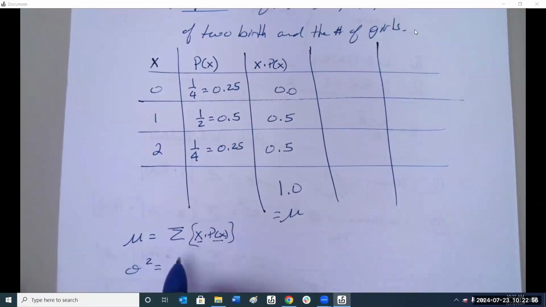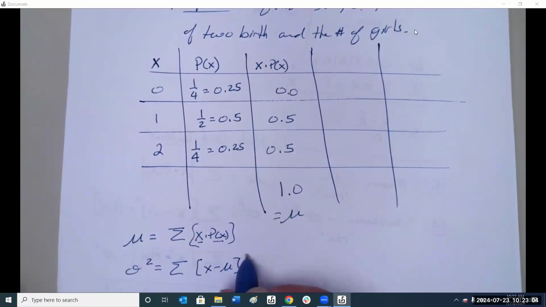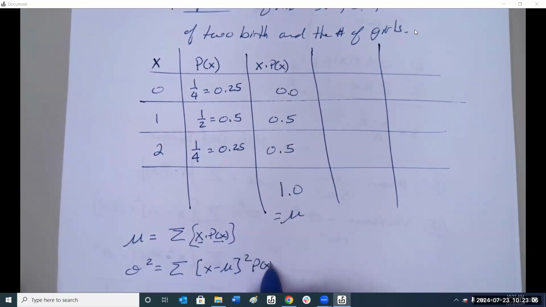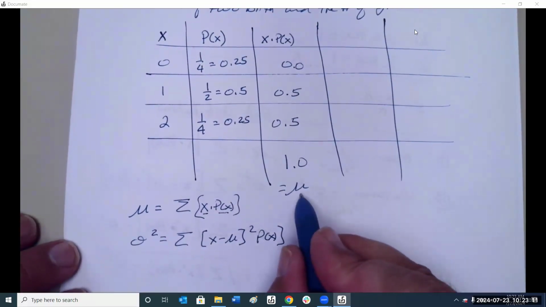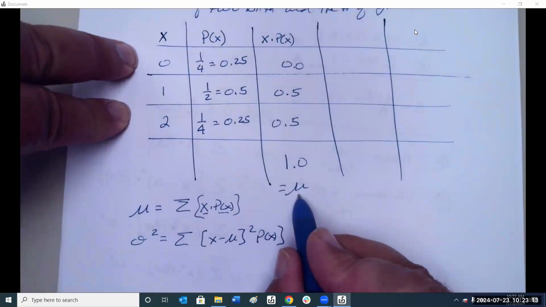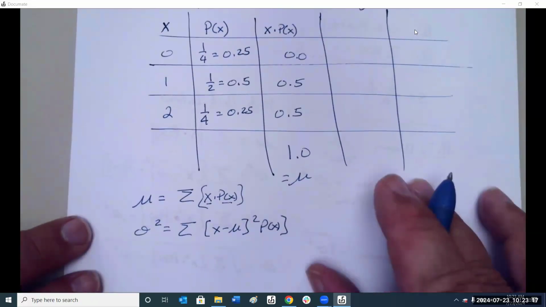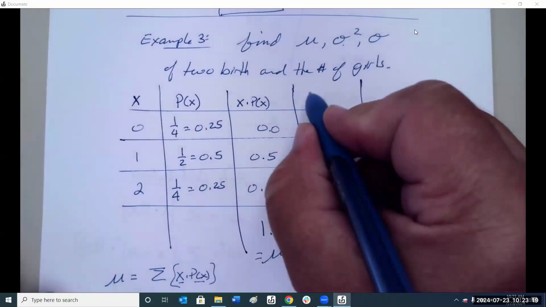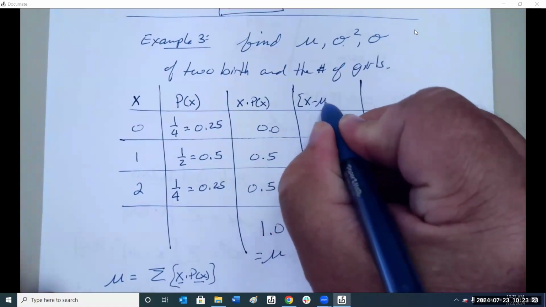Look at the variance formula, which we had, that was the summation of x minus mu squared times p of x. Because we have the mu, we have the x's, and we have the p of x's. So now we have to create that column. We have to create x minus mu.